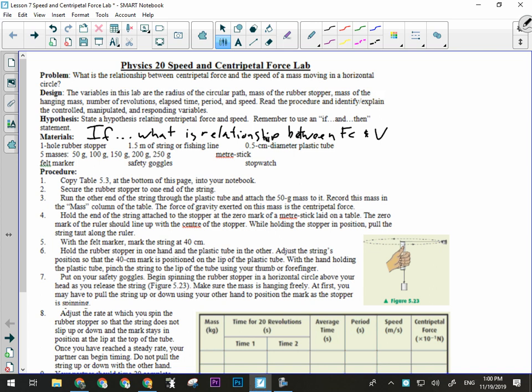The and part describes the experiment, same as always. The then part, I want a prediction for what will happen to speed as centripetal force is increased. And predict the results of increasing FC on speed.